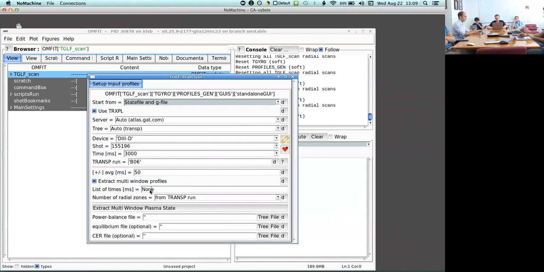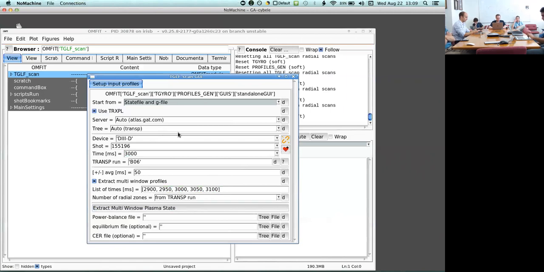That's why we're loading multiple shots, multiple times, multiple sub-windows, so we can construct the input probability distribution based on that data. So I'm going to choose a couple of time slices, and maybe that's it. So for this case, I'm going to choose 5 sub-windows to get the data extracted.